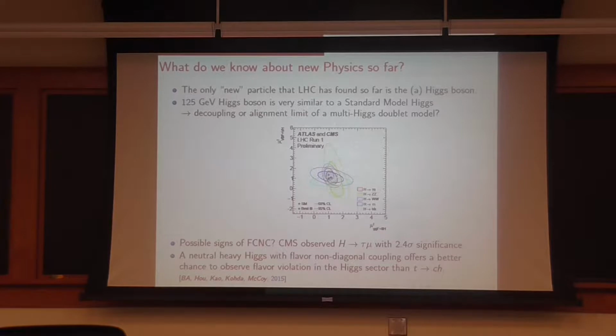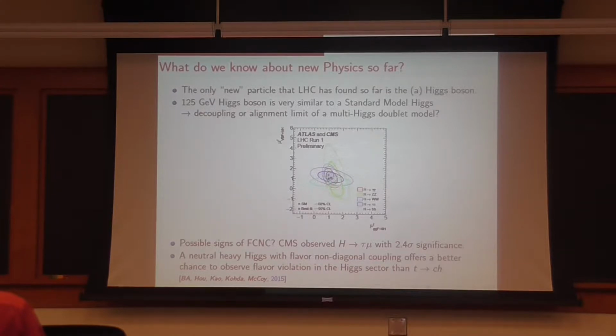And if you look at the signal strength plot produced by ATLAS and CMS, the signal strengths agree very well with the standard model Higgs. If there's an extended Higgs sector, we could be in the decoupling limit of this multi-Higgs doublet model.